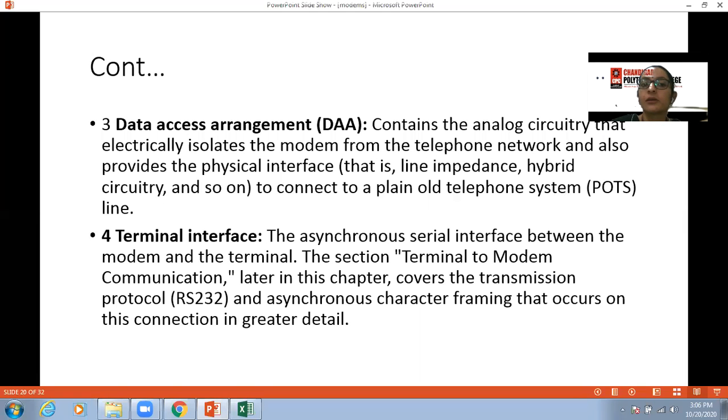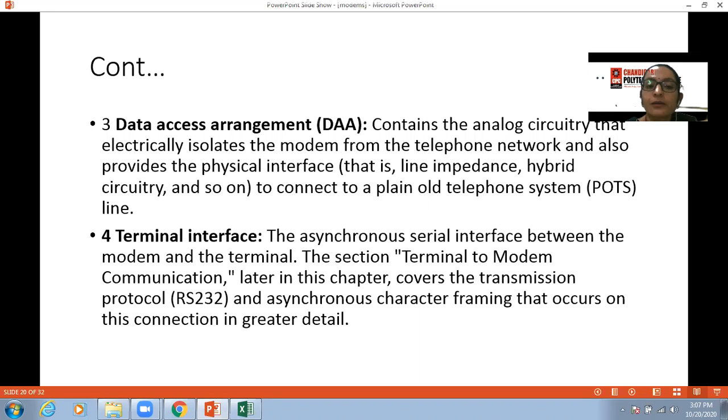Next one is our DAA, that is the data access arrangement, which contains the analog circuitry and electrically isolates the modem from the telephone network. It also provides some physical interface like line impedance and hybrid circuitry to connect to a plain old telephone system line.